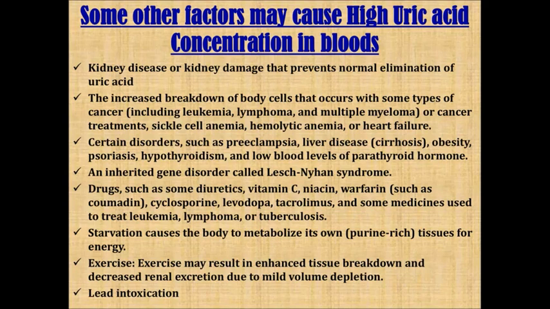The increased breakdown of body cells that occurs with some types of cancer, including leukemia, lymphoma, and multiple myeloma, or cancer treatments, sickle cell anemia, hemolytic anemia, or heart failure.